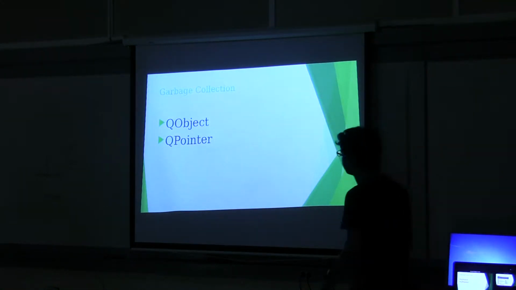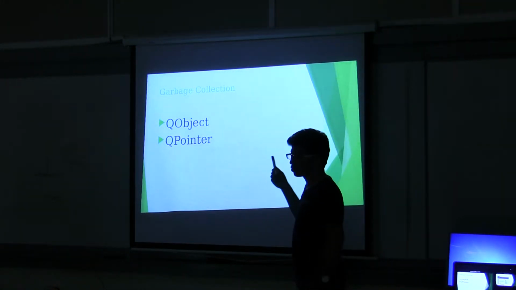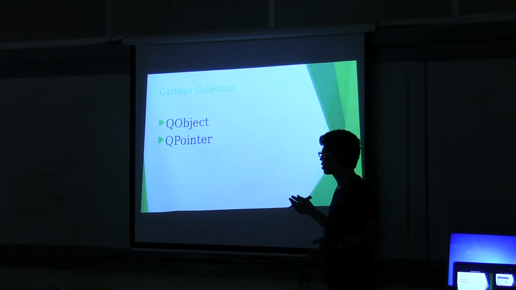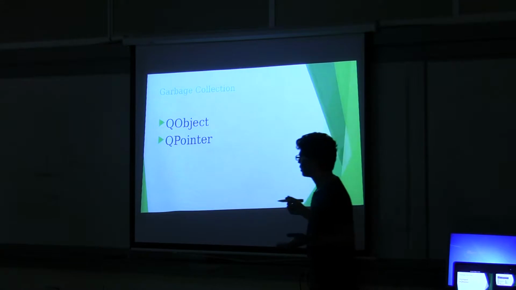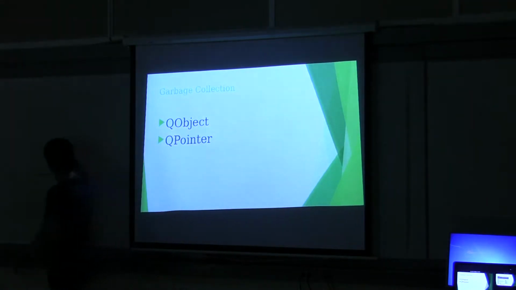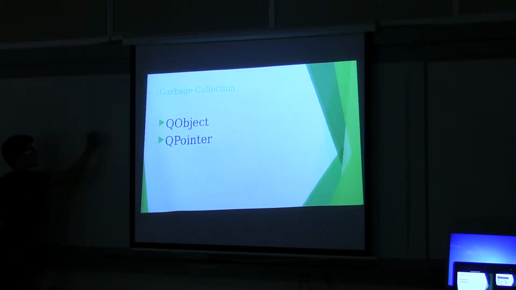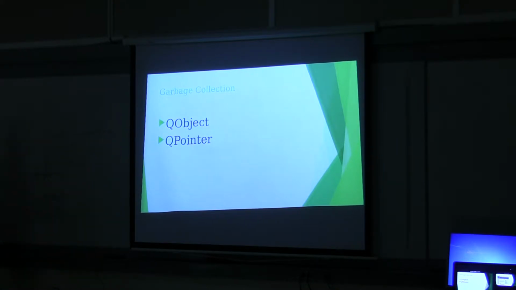Another important feature in Qt is garbage collection. If someone here is familiar with Java or C#, you know that when you say, for example, String x = new String, in C# or Java, you don't have to deallocate this dynamically allocated object.